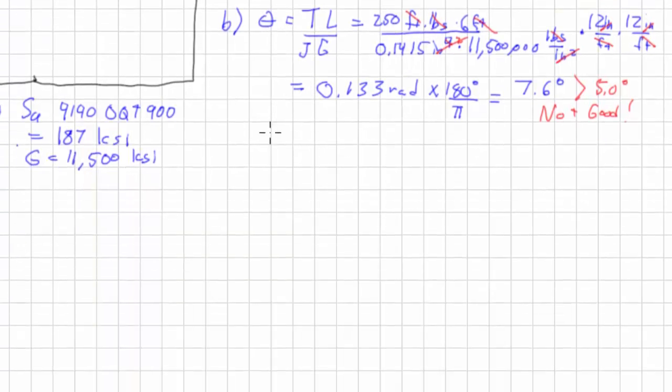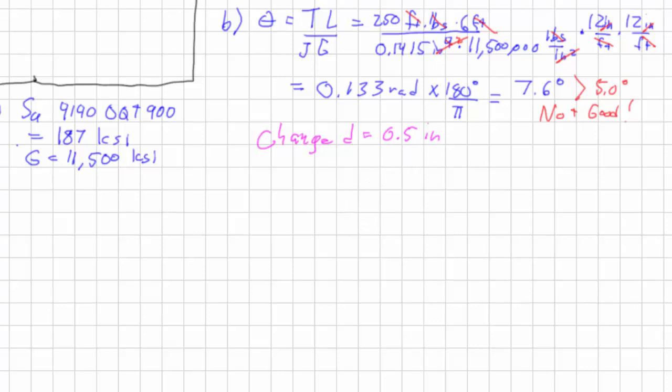So let's change d to 1/2 inch instead of 1 inch. That will give a lot more rigidity to the shaft so that it won't twist as much. So assuming that nothing has to fit inside the shaft, but we'll still see how this works.